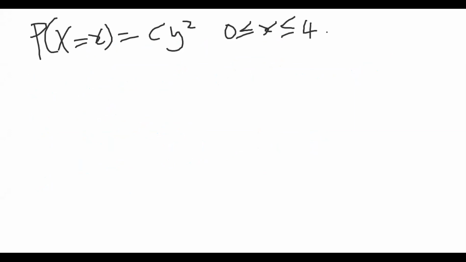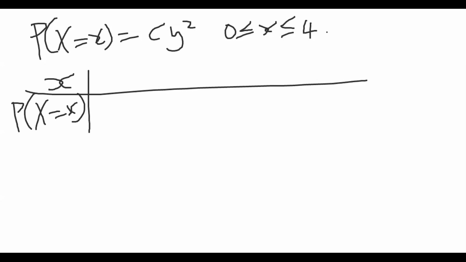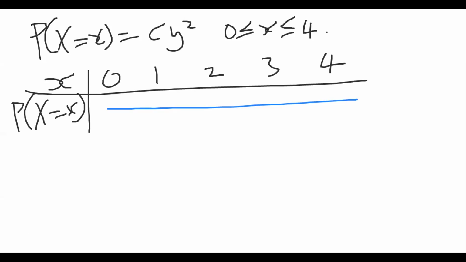So meaning that we have the small value of x, here we have the probability of x equals to x, and the values of x range from 0, 1, 2, 3, and 4. So when it comes to filling up this space here, we must use our equation, so we substitute in for the value of x.